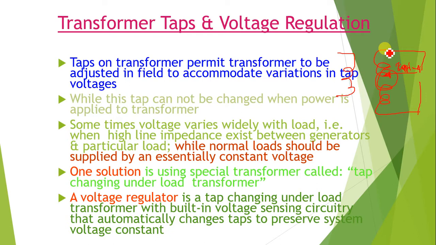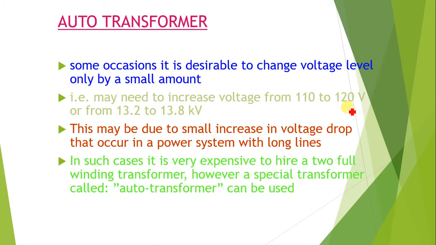It is applied in a lot of applications, in variable transformers. Whenever you want to vary the voltage, this is applied. Since this method is applied in an auto transformer, it is also called a variable transformer.